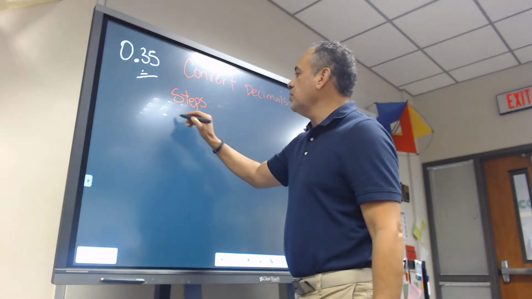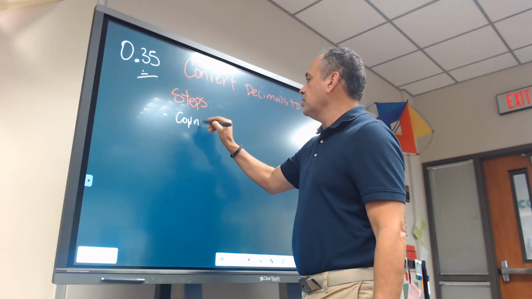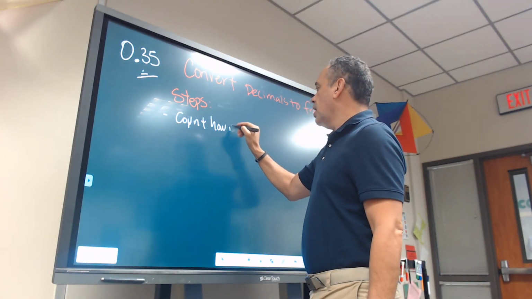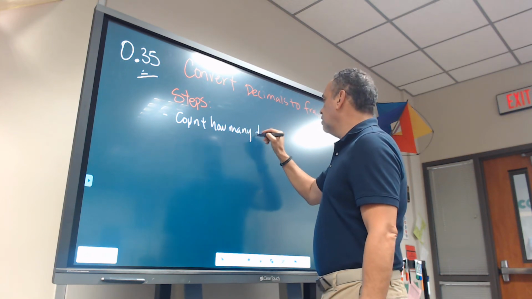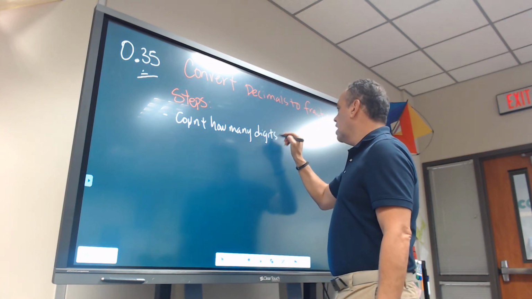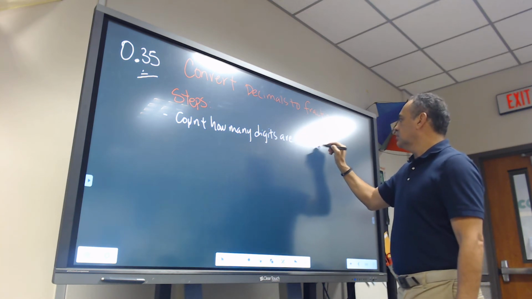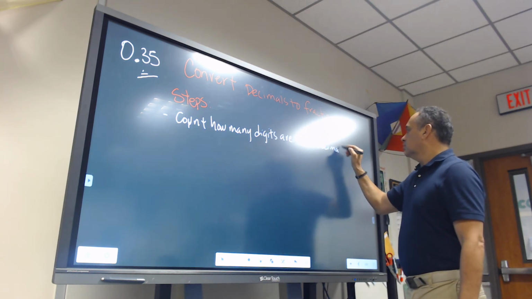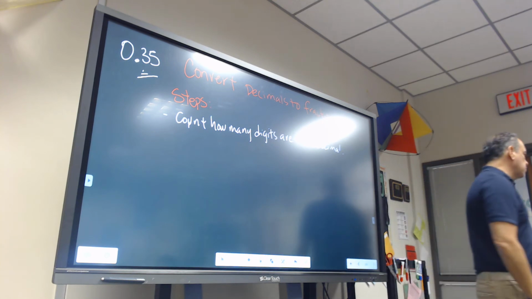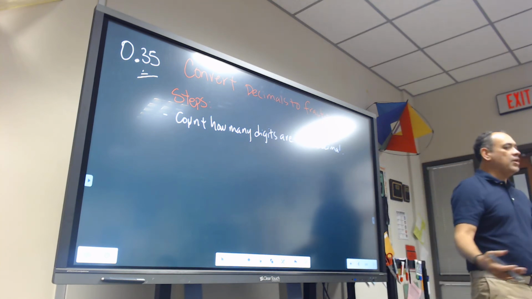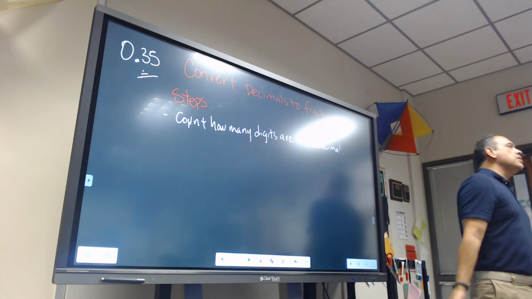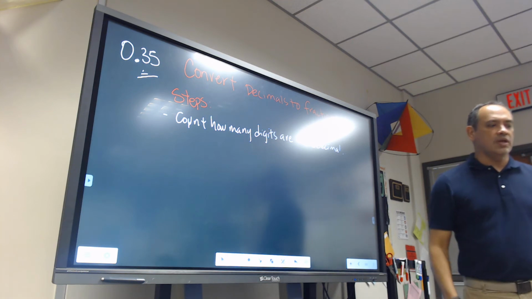So the first step is we're going to count how many digits are in my decimal. I have 2, right? And you probably have 3, and maybe 4, but we're only going to deal with 1, 2, 3, and 4, right?